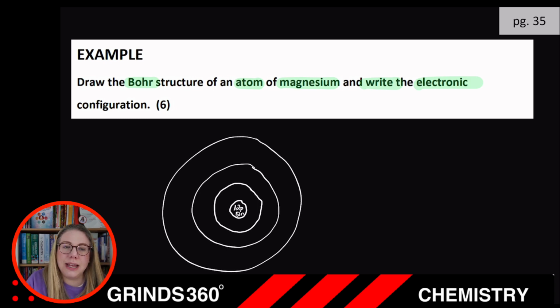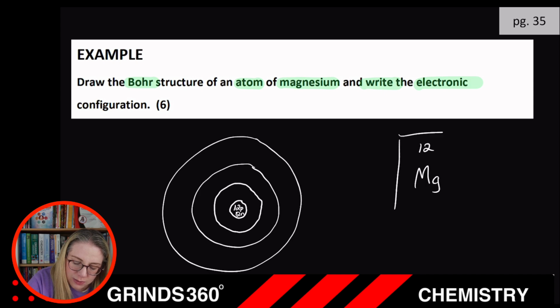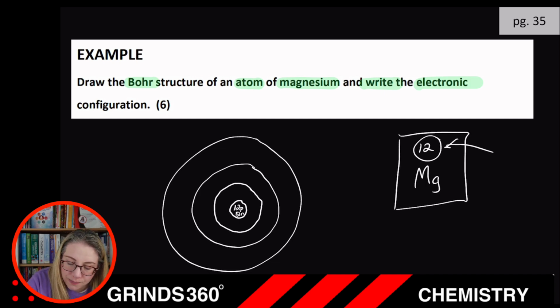Remember, in the first one, the one closest to the nucleus, you can have a maximum of 2 electrons. Now, think about magnesium. How many electrons in total do we need to fill in? The atomic number 12 gives you the number of protons in the nucleus. But because we're dealing with an atom of magnesium, the number of protons equals the number of electrons. So we need to fill in 12 electrons here.